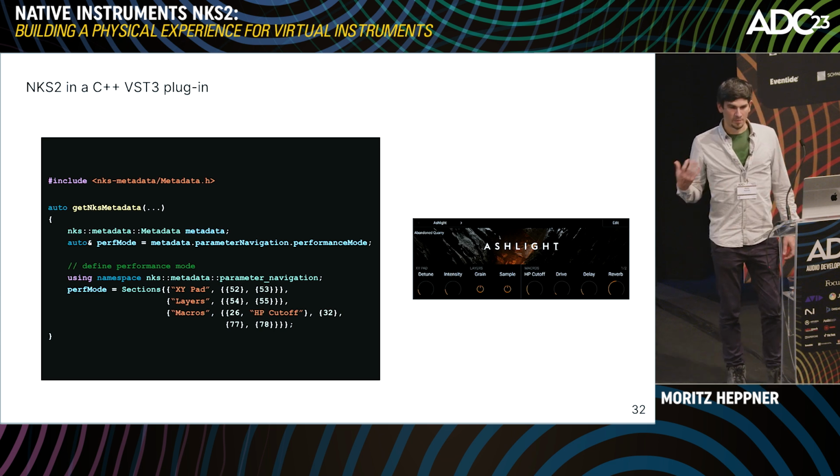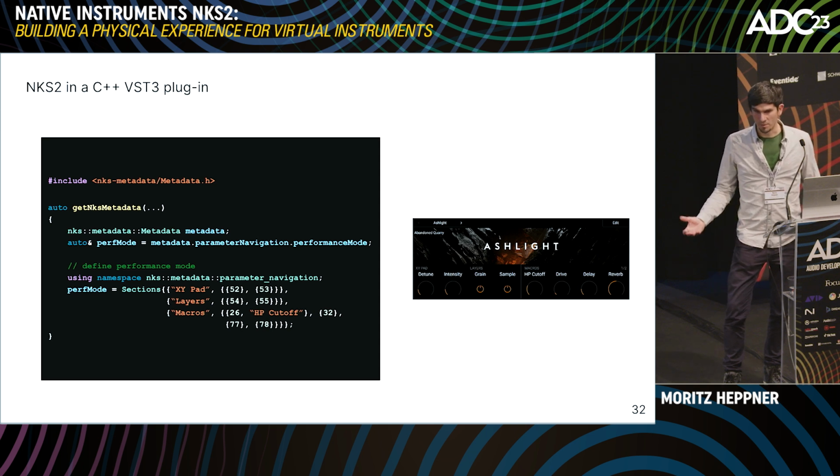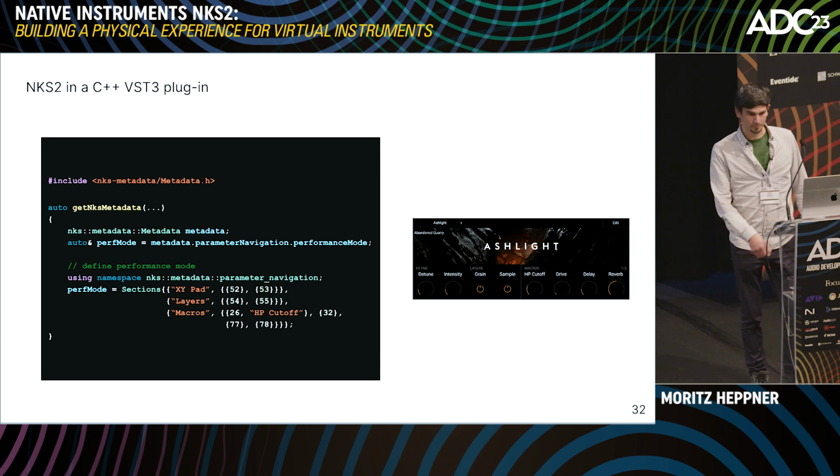And each of these parameter placements is a parameter ID, and optionally, you can also specify a display name that will come up on the hardware display instead of the name that you might have specified via the plugin interface.